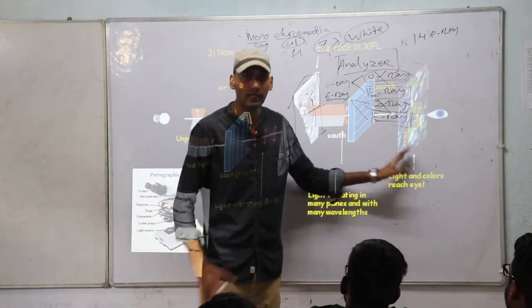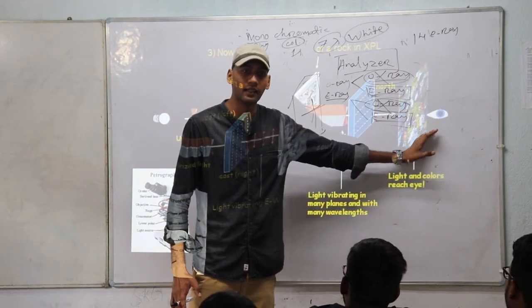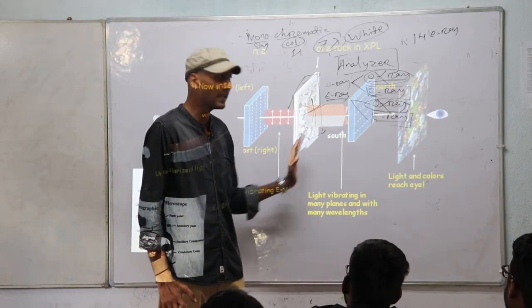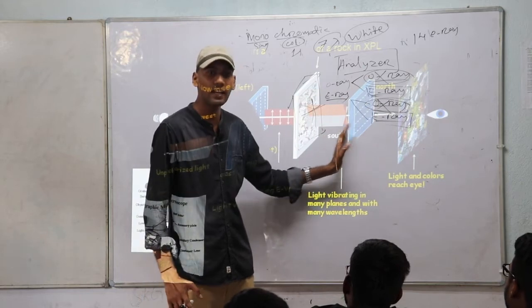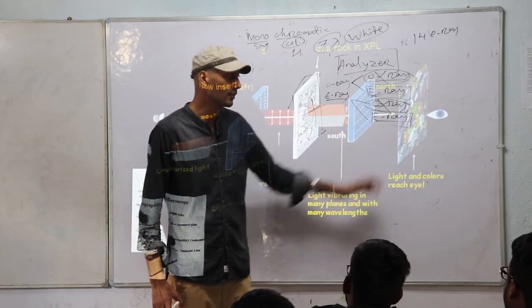If it interferes, it means some light rays can pass through the analyzer. Extinct means all of the light rays are held behind the analyzer, they cannot pass through the analyzer, right? All of the 7 wavelengths are not passing through the analyzer.